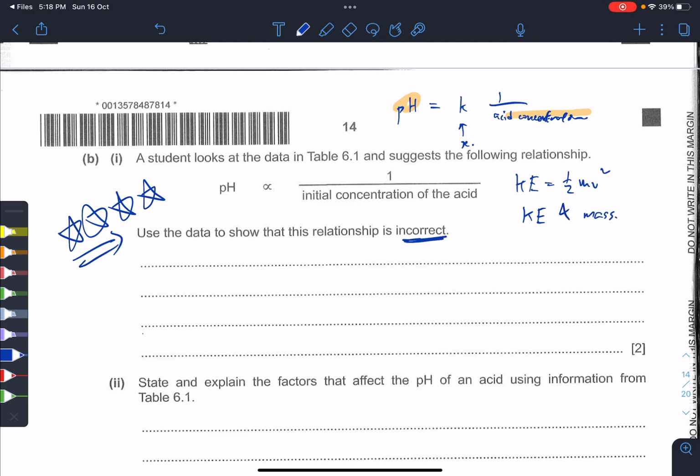Most of you will tell me, yes, KE is proportional to mass. So in this case, you write down KE equals k, which is a constant, times mass. Really? In this case, your k is v squared over 2. It's not a linear thing. So my point here is this.